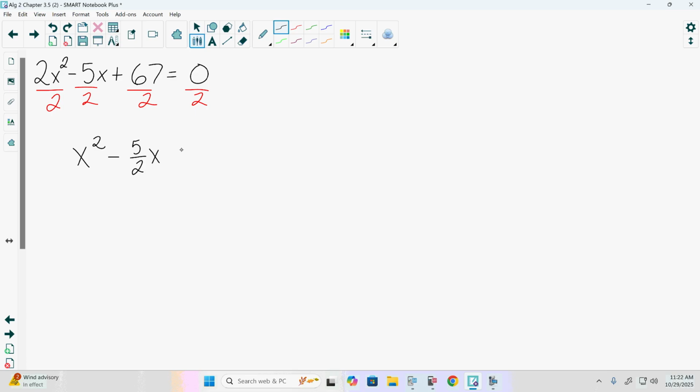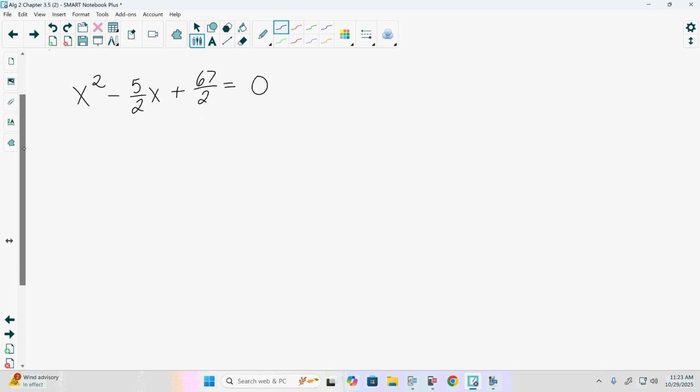No. And it doesn't simplify any farther than that, so it's just 67 over 2. Now, if there was some term that could reduce, we'd simplify it as far as we can. It's going to be nicer to leave these as fractions than to try to deal with these as decimals. And really for this first step, decimals or fractions doesn't make a difference.